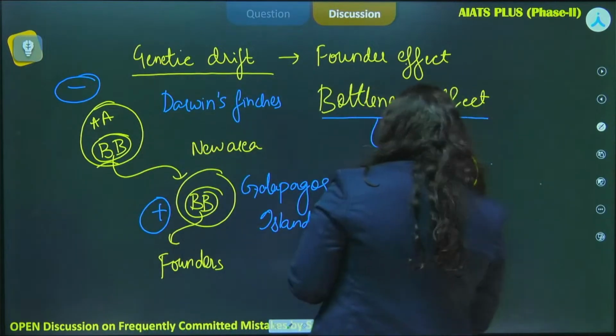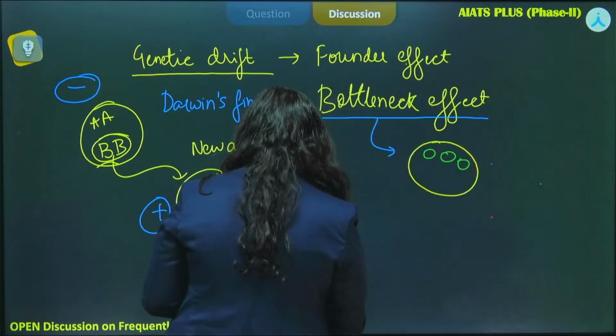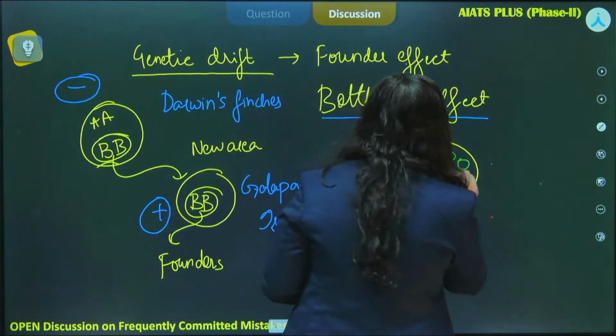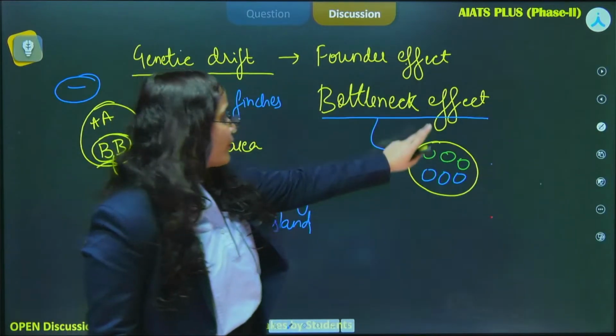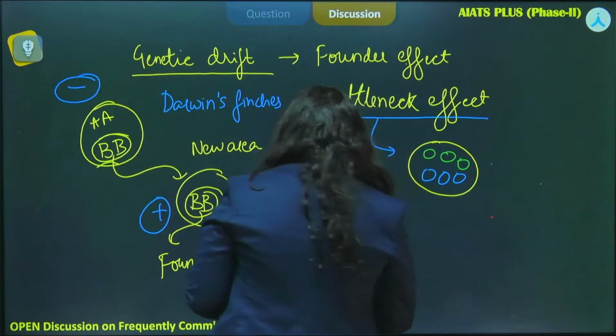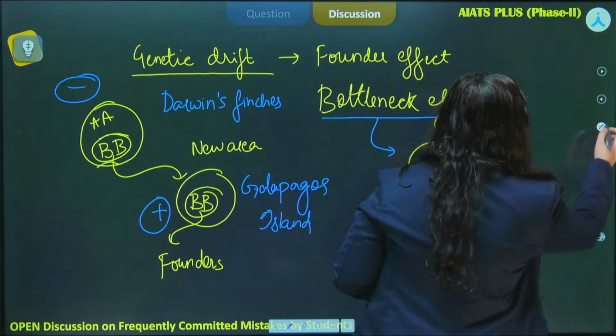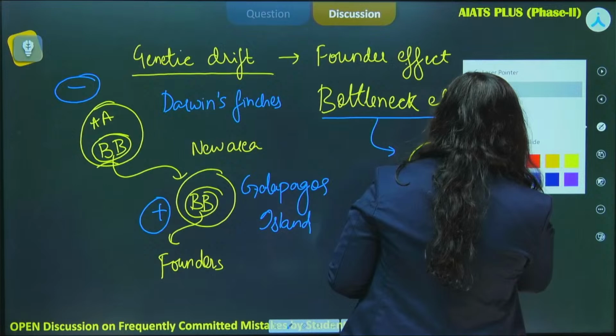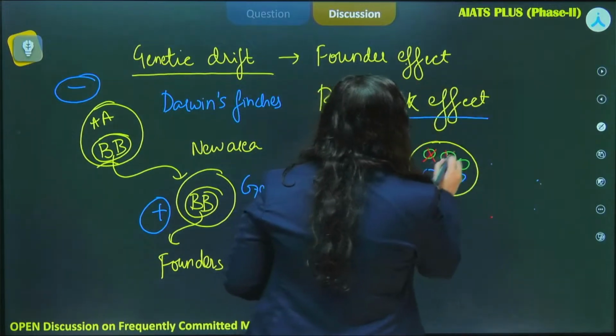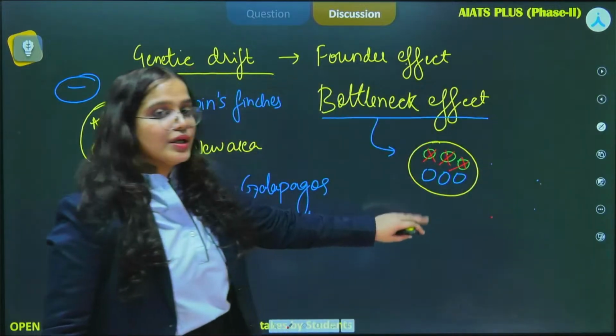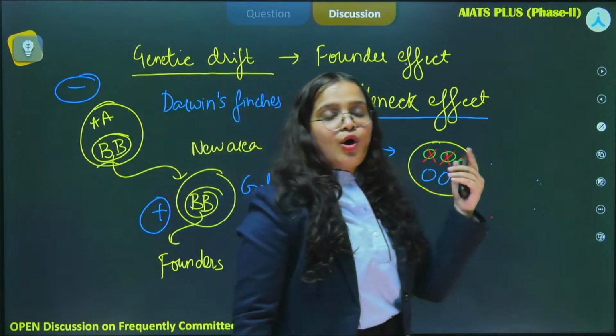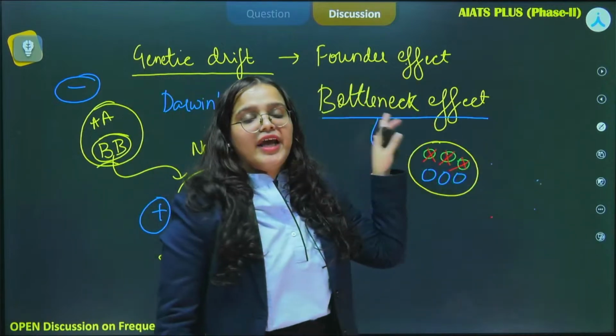So what happened is, it was observed that suddenly the green colored beetles died. And how did they die? It was found that these green colored beetles died because elephants rampaged on them. And why did that happen?